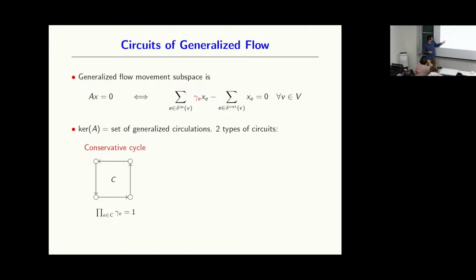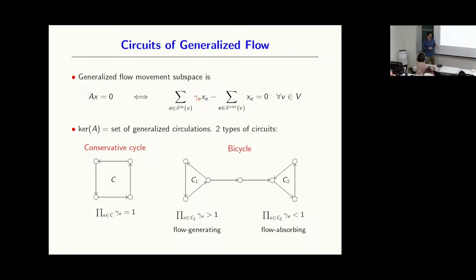That corresponds to saying that as I go over here, I get gamma of this edge amount of flow that arrives here, and then that gets multiplied by this next gamma when I send it over here, and so on and so forth. And so if this is really a generalized circulation, the amount that comes back here is the same as what left, which just says that the product of the gain factors should be 1. These are called conservative cycles because they conserve the amount of flow.